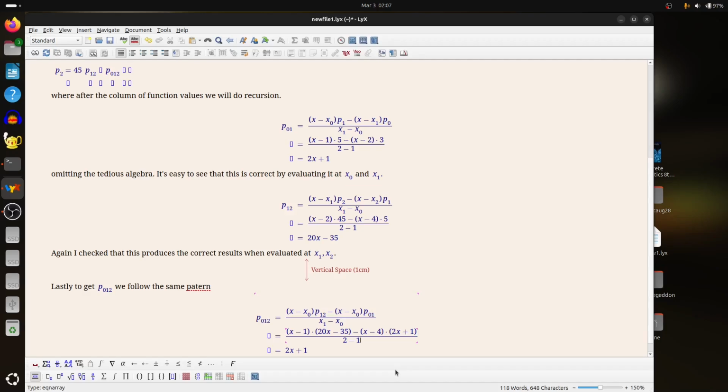Bottom of the fraction is 4 minus 1. And the final result was 6x squared minus 16x plus 13.